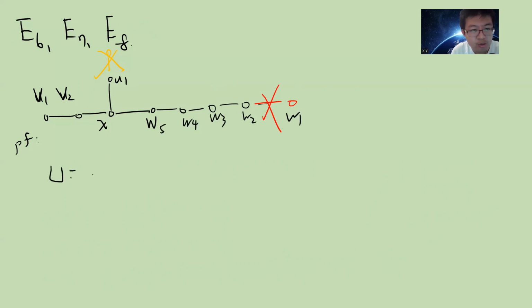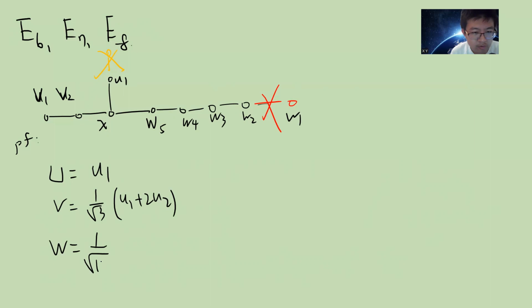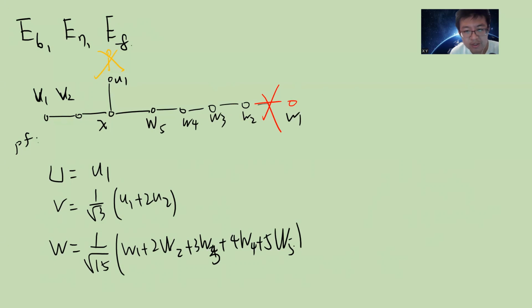Okay, so let u be u1 plus 2 u2 over root 3 for v, and w to be 1 over root 15 times w1 plus 2 w2 plus 3 w3 plus 4 w4 plus 5 w5.